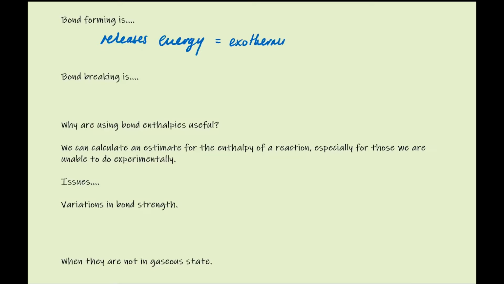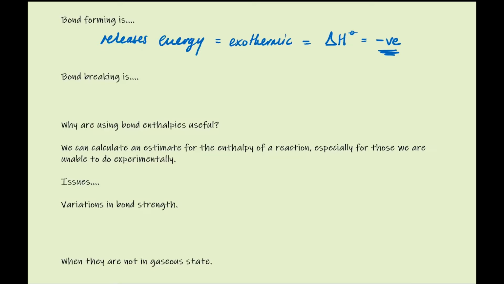That energy is leaving the system into the surroundings, so it's exothermic. And we should know that the enthalpy change for this will be negative. So keep that in mind. It's really quite important that we understand that it's a negative enthalpy change. The direction of that energy is going from the system to the surroundings.